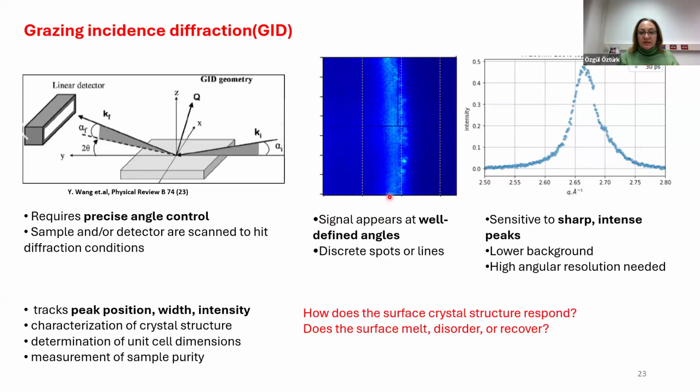You can characterize the crystal structure of your sample. You can obtain the unit cell dimensions. You can obtain information about the purity of your sample. So basically, we answer these questions with GID. How does the surface crystal structure respond? Does the surface melt, disorder, or recover?